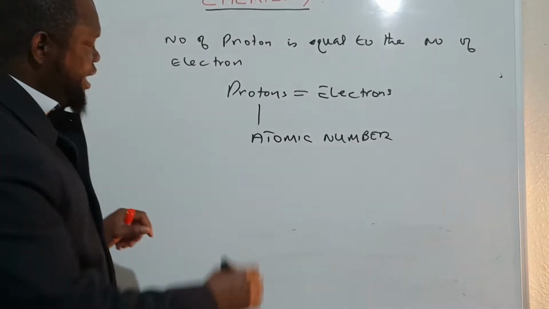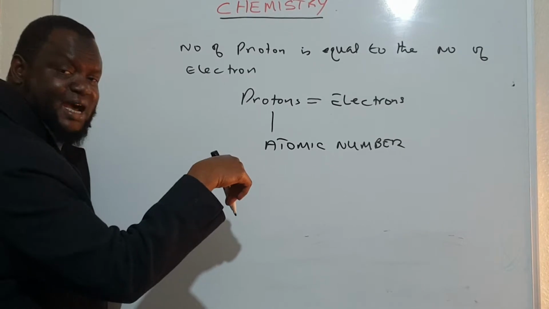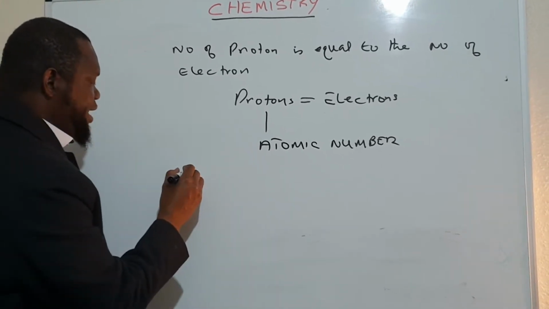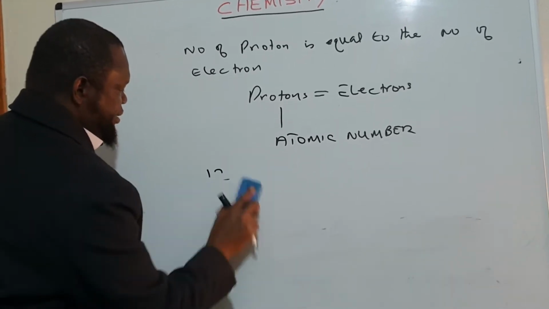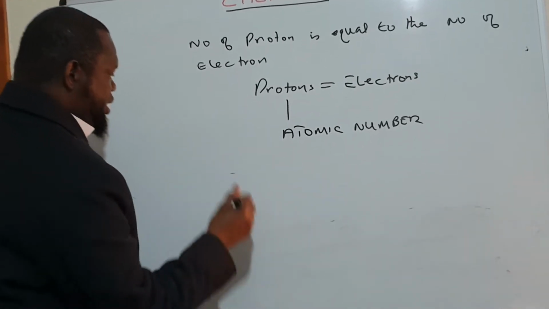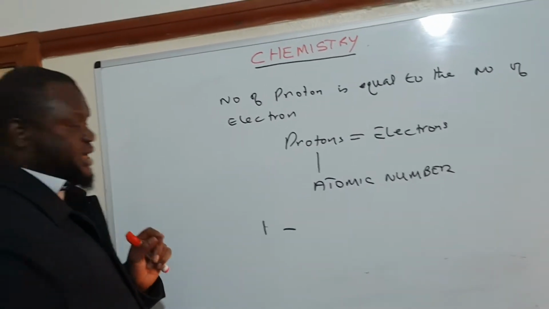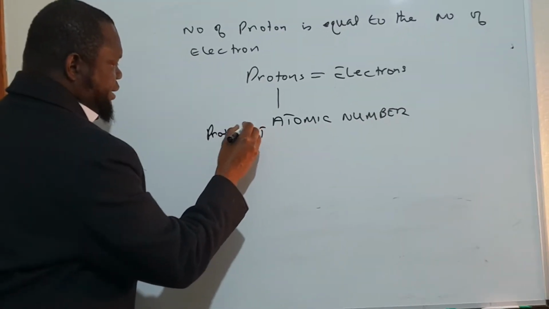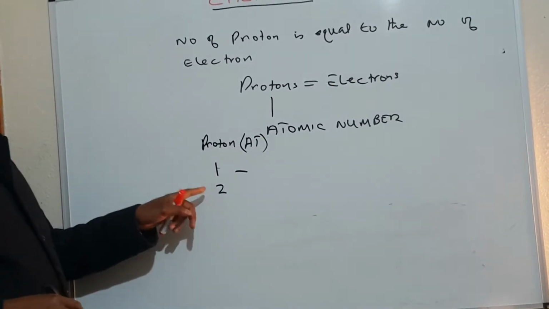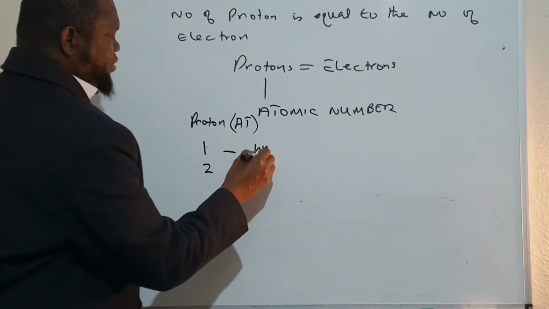So, if the number of protons in an atom is 12, sorry, let's start with the first one. If the atomic number is equal to 1, it's one element. If the atomic number is equal to 1, that means that element is hydrogen.